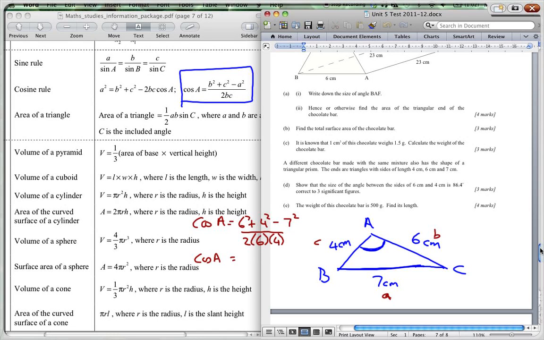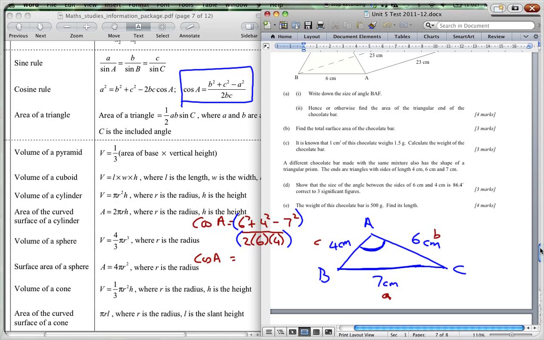So let's do that. Remember, in your calculator you need to put a bracket around there and a bracket around there. So you get bracket 6 squared plus 4 squared minus 7 squared, close brackets, divided by open brackets again, 2 times 6 times 4, close brackets, enter.